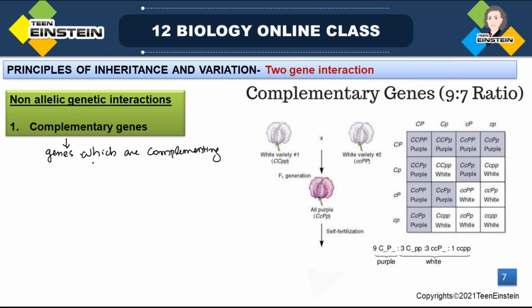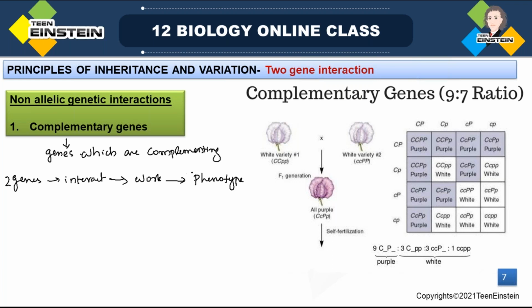Here, how does the complementary gene interaction work? Two genes from different loci will interact with each other. They will interact, then they will work and produce a phenotype.